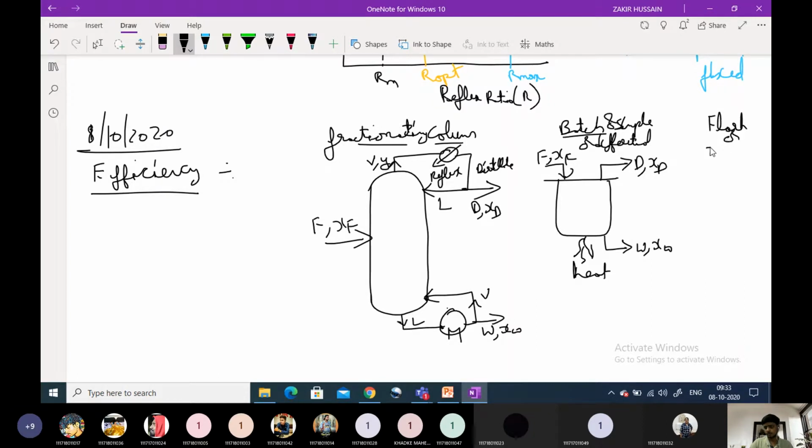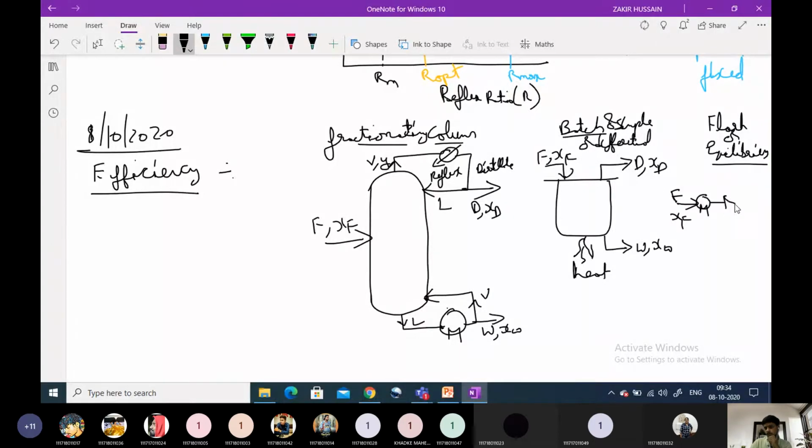Next one is flash or equilibrium distillation. Three distillation columns we have seen. These two, batch or simple distillation and flash or equilibrium distillation, we have seen in the previous chapter, previous unit. Here one heat exchanger will be there. F moles will be entering here with a composition XF.